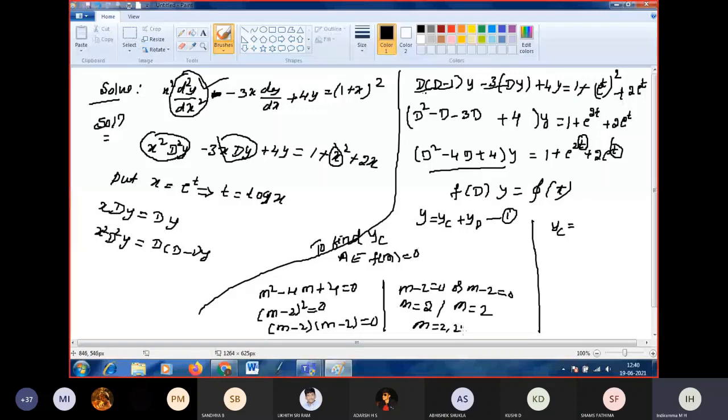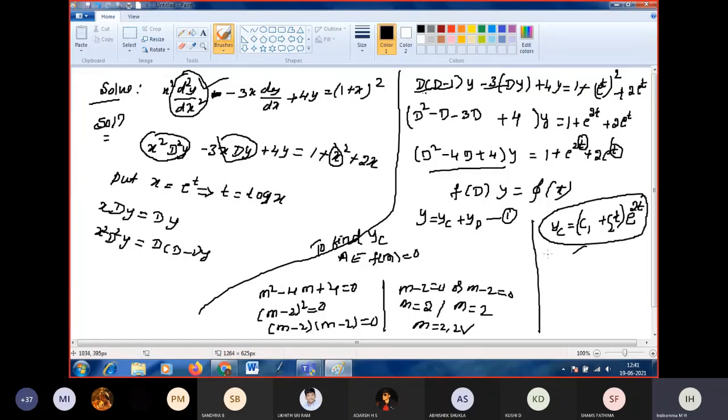Roots are real and equal. Then yc is C1 plus C2 t into e to the power 2t. Instead of x, we write t. Okay, so this is our yc.